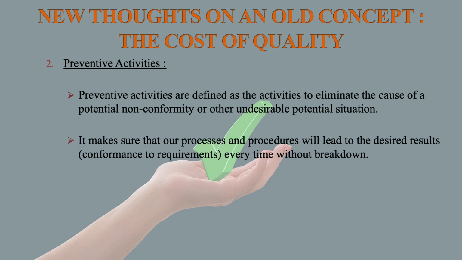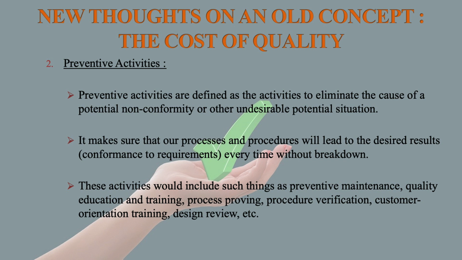It makes sure that our process and procedures will lead to the desired results, conformation to requirements, every time without breakdown. These activities would include such things as preventive maintenance, quality education and training, process proving, procedure verification, customer orientation training, design reviews, etc.